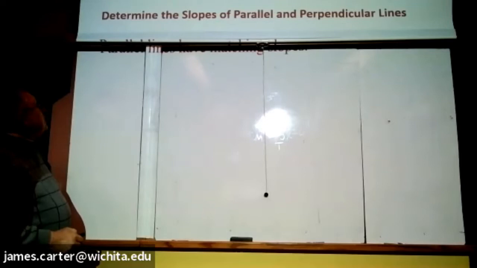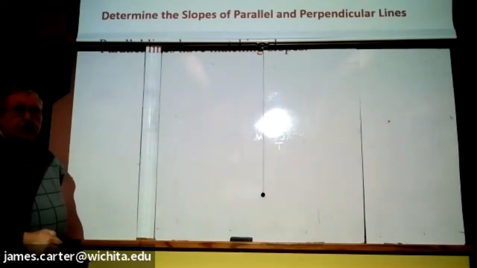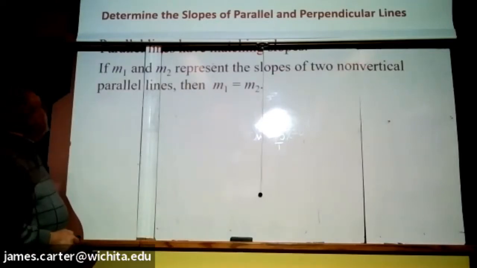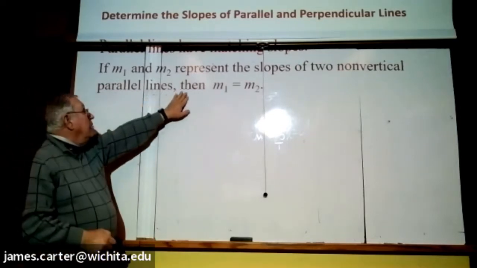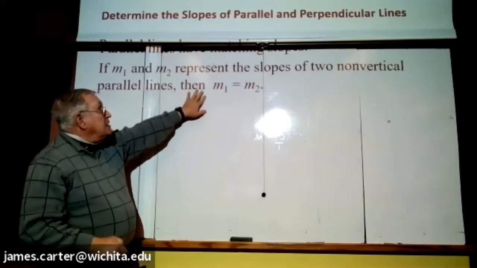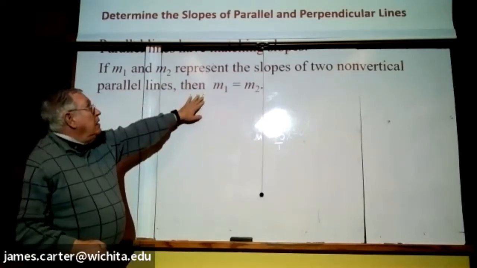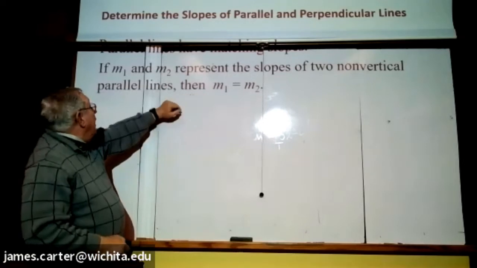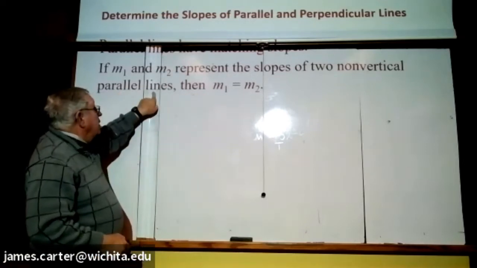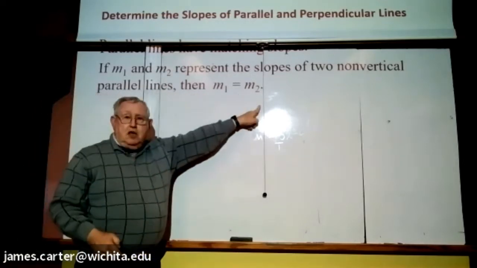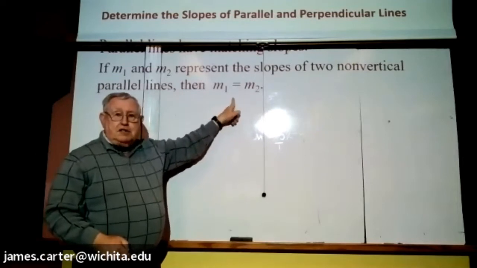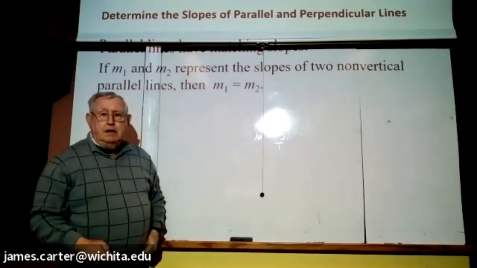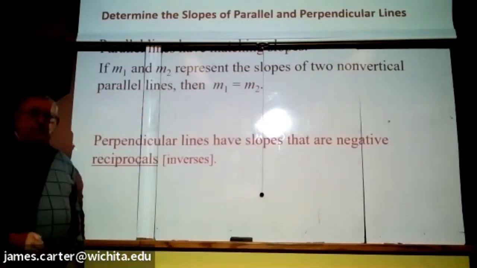Now, that gives us special characteristics for the slope on these. What this statement is saying in math speak is that if you have parallel lines, then the slope has to be equal or the same on both lines. That's what that's saying.